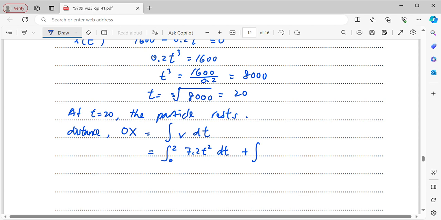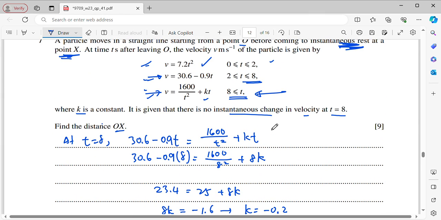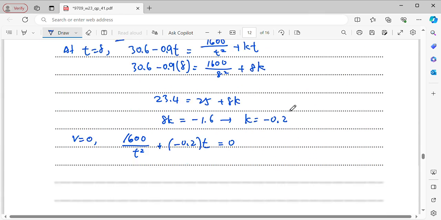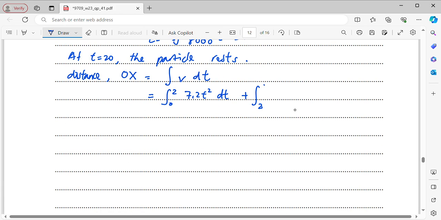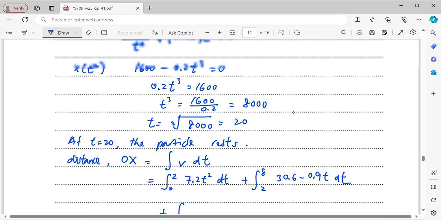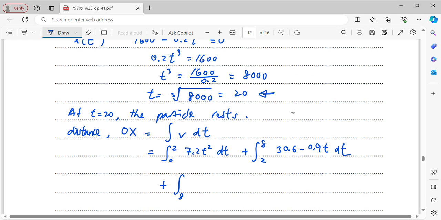The second distance is from 2 to 8, with this v. And the third distance is to integrate from 8 until 20, because we found that when t equals 20, the particle comes to rest.